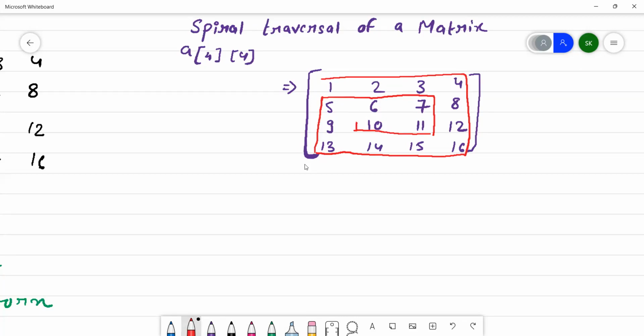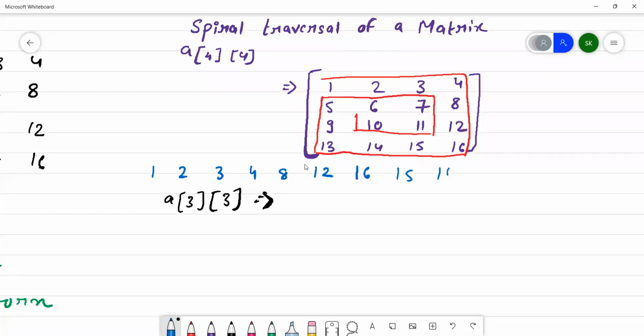Are you guys getting this? If it were a 4x4 matrix, the answer should come as 1, 2, 3, 4, 8, 12, 16, 15, 14, 13, 9, 5, 6, 7, 11, and 10.